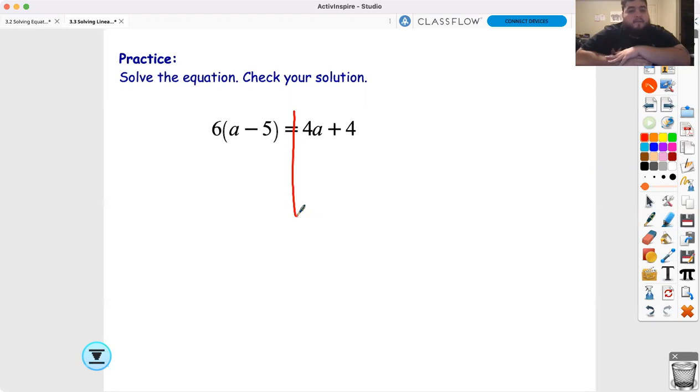All right, anyone have a solution for this one or need more time to solve? 17. Got A equals 17? Anyone agree or disagree?